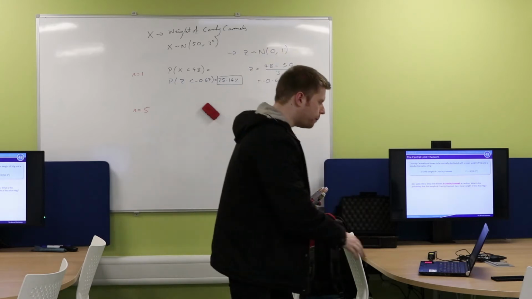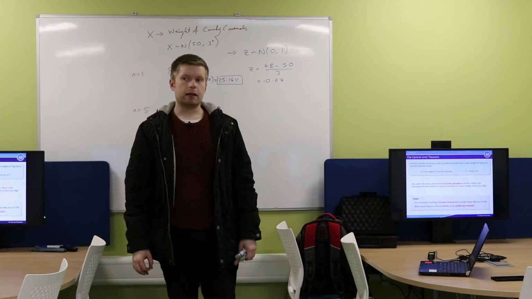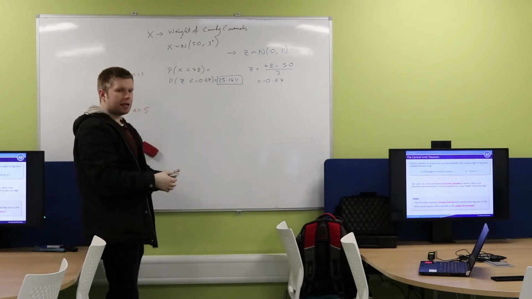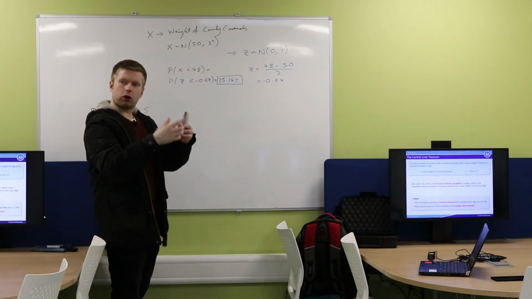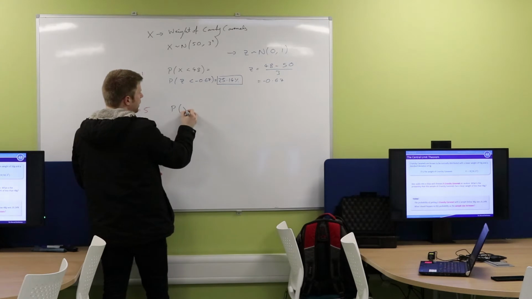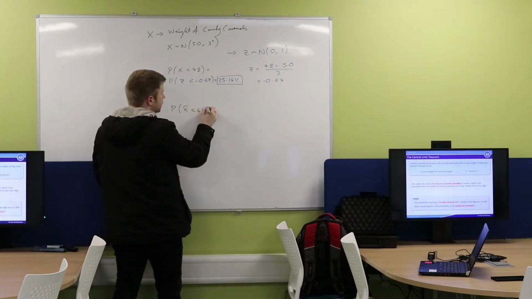What now would be the probability that the mean weight of those chocolate bars is less than 48 grams? So in other words, it's no longer just x, it's what happens if I pick up 5 chocolate bars and I take the mean of those 5 chocolate bars. What's the probability that the mean weight of those 5 chocolate bars is less than 48 grams?